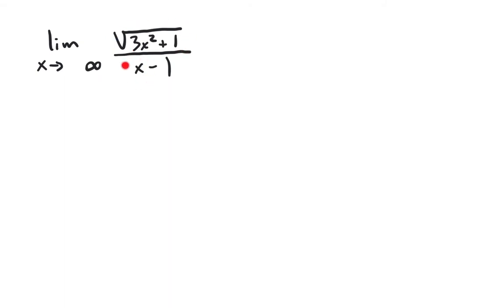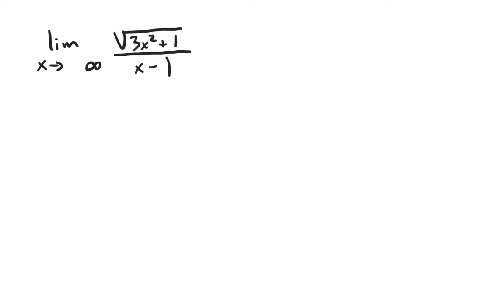And in the denominator, our largest term is just this x here. So I'm thinking about the largest term really being the square root of 3x squared in the numerator, which is something like square root 3 times x, if we're forgetting about this 1.